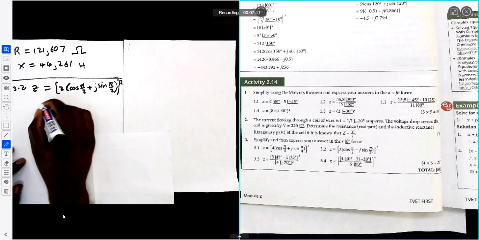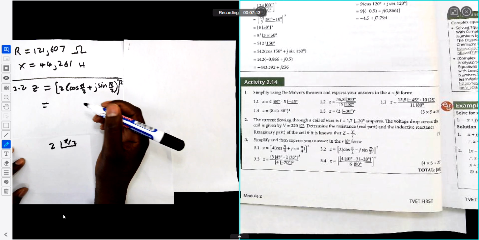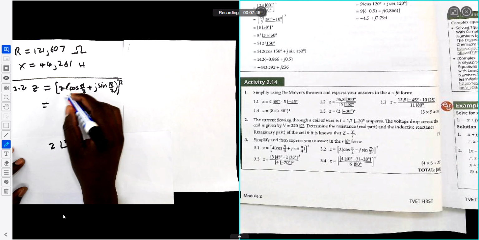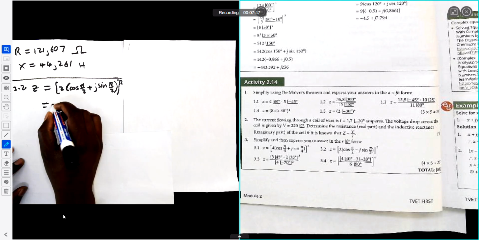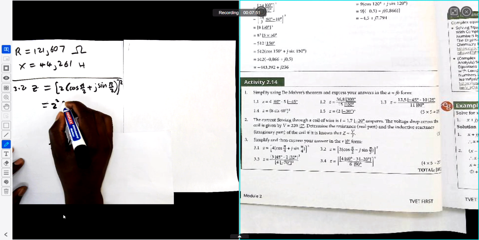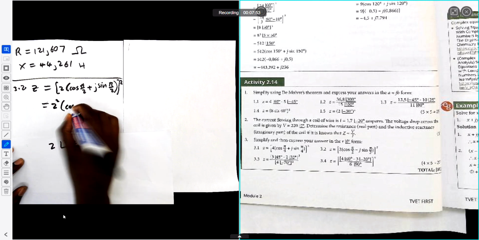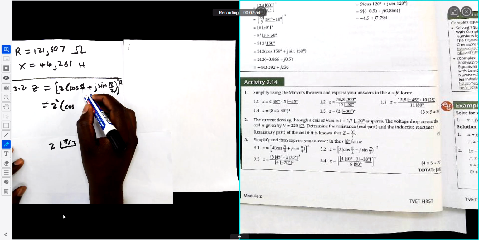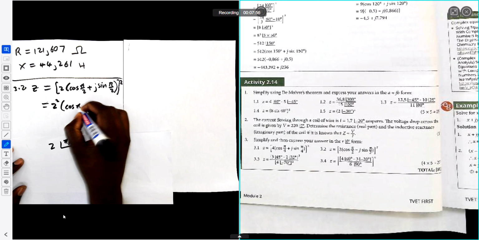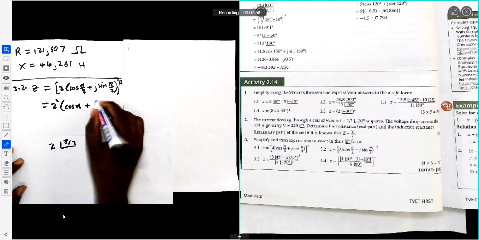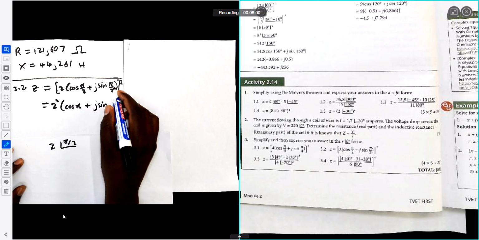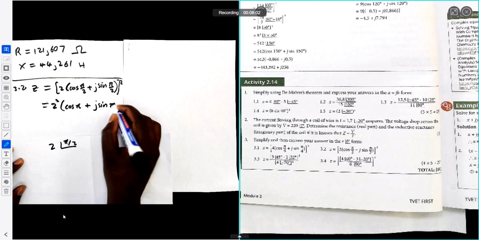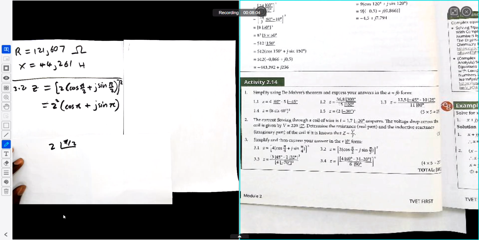If we work with it as it is, according to the Moivre's theorem, we are supposed to raise r to the power of 2, and we are supposed to multiply the angle by 2. So 2 times pi over 2 will be left with pi. Therefore, plus j times sine of pi.